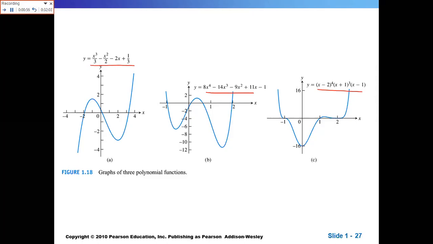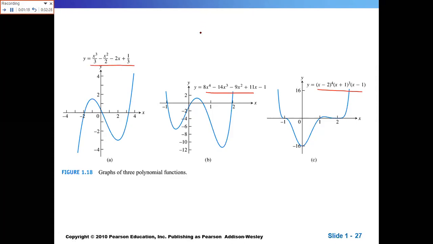No, you don't have to write it. This is just 3 graphs of different polynomials. They're showing you that these are polynomials by showing you the equation. If I didn't tell you that this is a polynomial and I didn't give you the equation, you would not know.